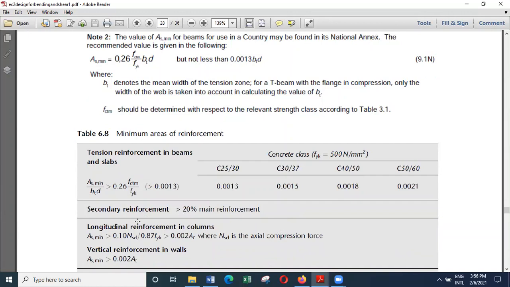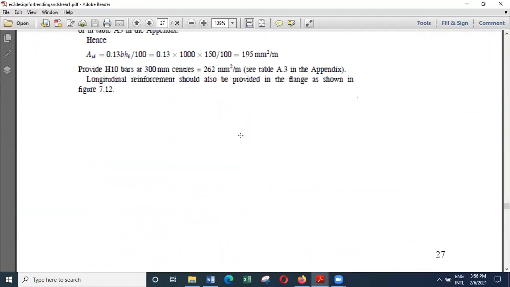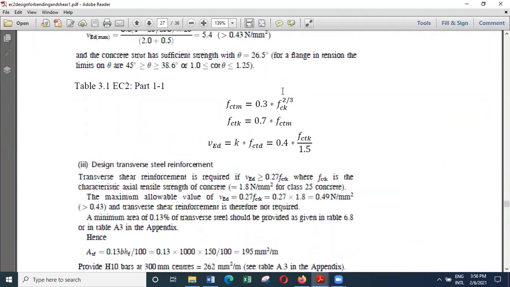And then the minimum requirement in columns and walls are also given in this table. So basically, when you substitute this one, earlier we calculated this value for grade 25 concrete. So that is 25 to the power 0.667 multiplied by 0.3.